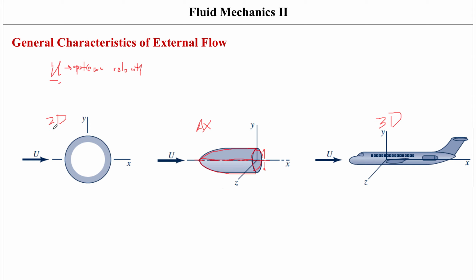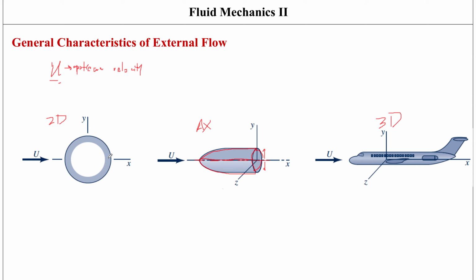But there are a lot of instances where the thickness of the body as compared to its length is negligibly small, so the length could be considered as infinite. So these are three different categories based on which we categorize different kinds of bodies for an external flow.